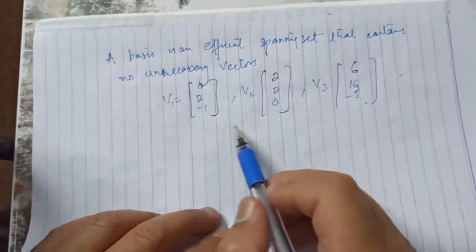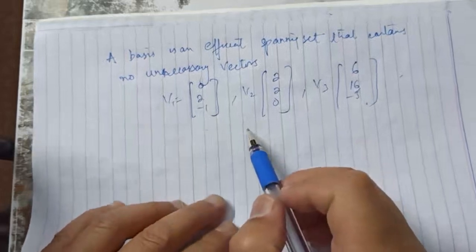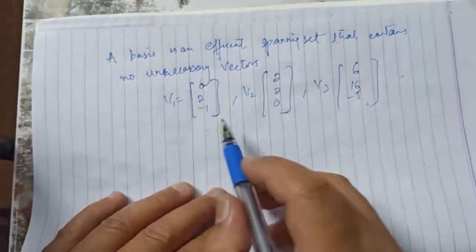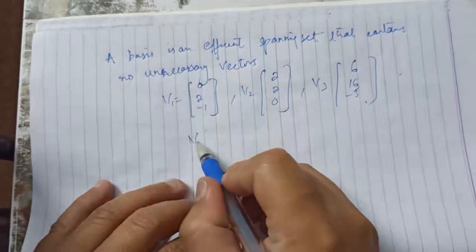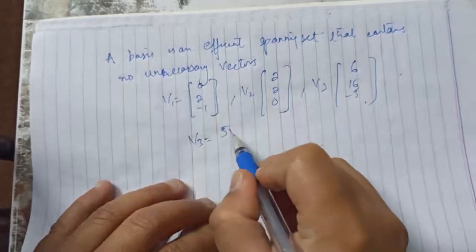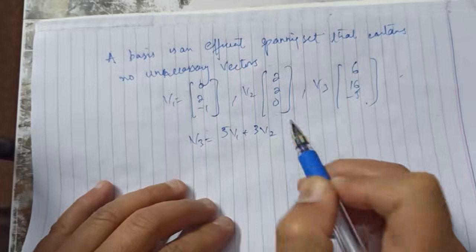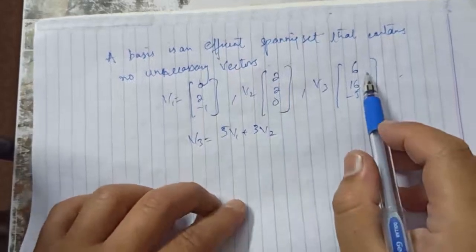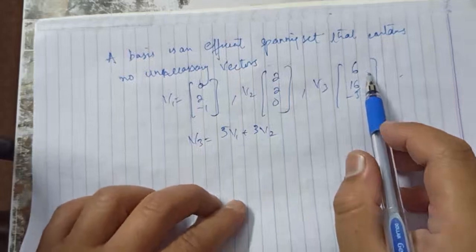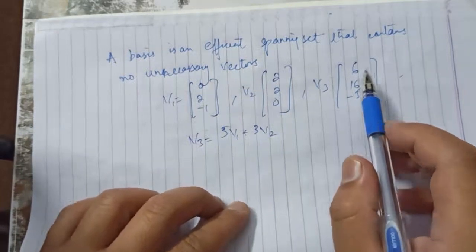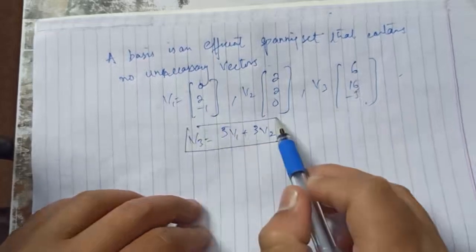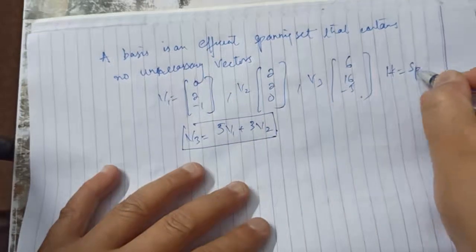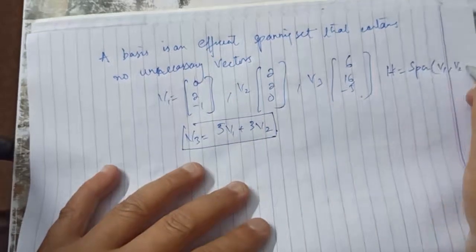If you look at this set, it is not straight away obvious, but you can see that v3 is equal to 5 times v1 plus 3 times v2. So here you have this in parametric form, and we know that H is a vector space that is spanned by v1, v2 and v3.